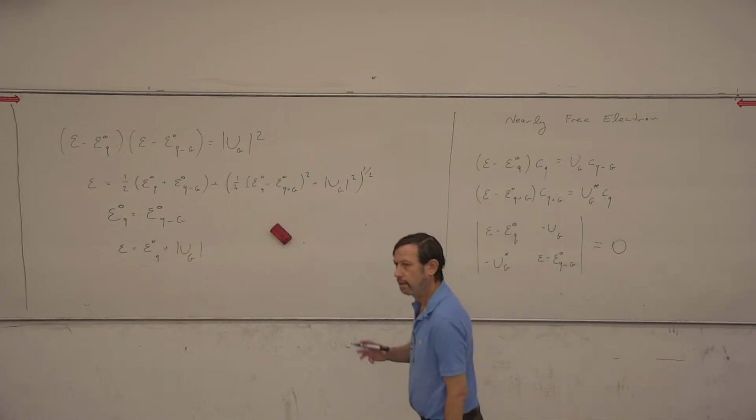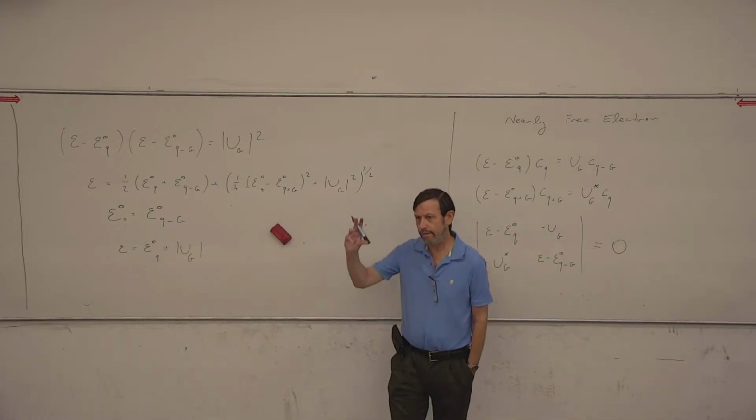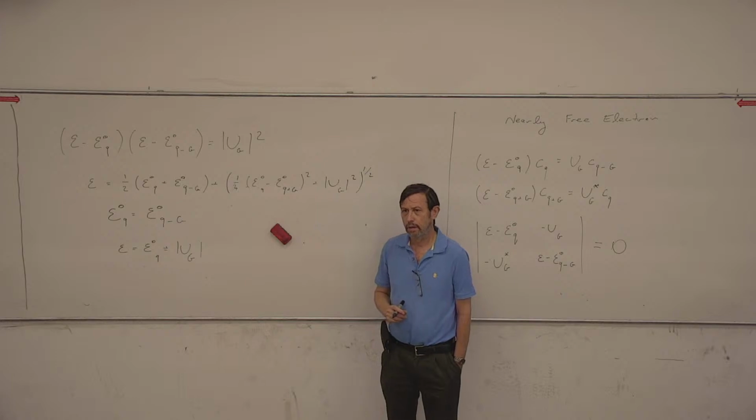Okay, another interesting thing. So we have a gap. How does the wave function at the region of the gap look like? At the values where you open the gap, at the degeneracy? The wave function is not 0.